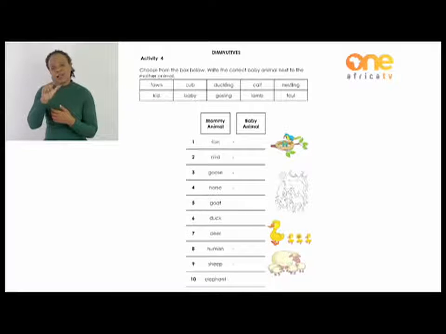Write these next to their mommy animal. Number 1, we are having a lion or lioness. What is the young one of a lion? Obviously, I know you will say a cub. Thank you very much, boys and girls.